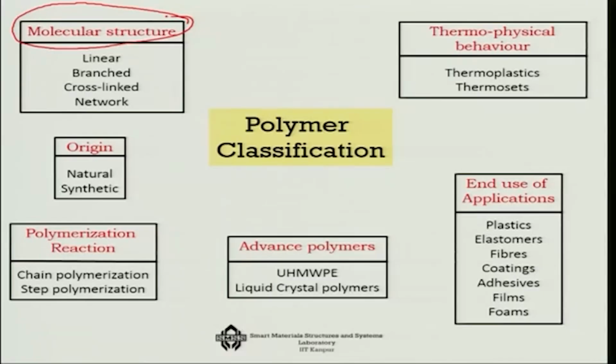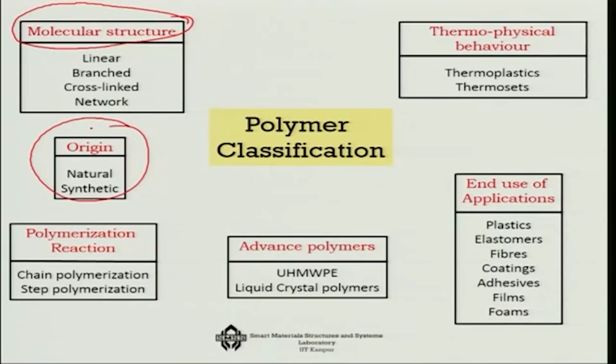So that is the molecular structure wise. If you look at it from the origin point of view, you can very simply divide polymers into two types: those having natural origin, so natural polymers, and synthetic polymers. So that is this group.